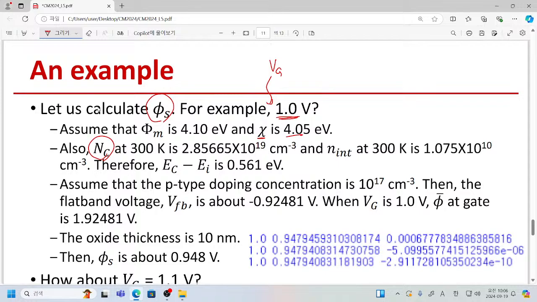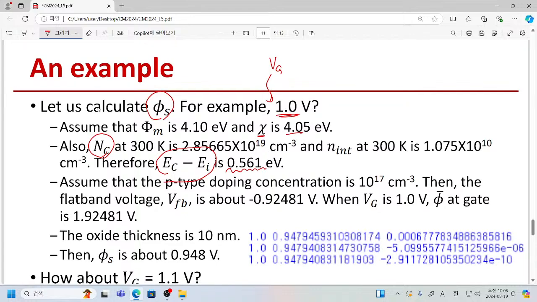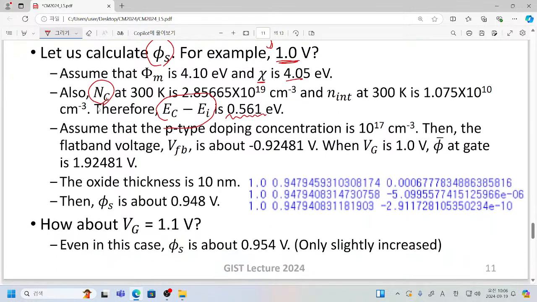When you calculate EC minus EI, as I told you before, it is roughly 0.56 eV, so you can calculate it exactly. Also, when the p-type doping concentration is 10 to the 17 per cubic centimeter, from this condition you can calculate phi infinite, the phi at deep substrate.